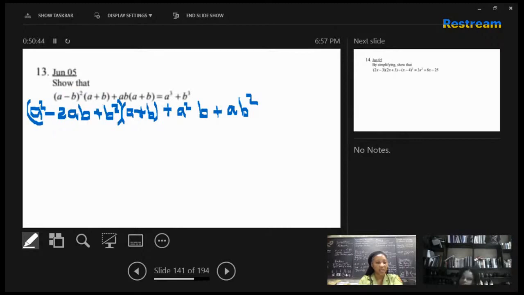So a squared times a cubed, and a squared times b is a squared b. Negative 2ab times negative 2a squared b, negative 2ab times b, negative 2ab squared.